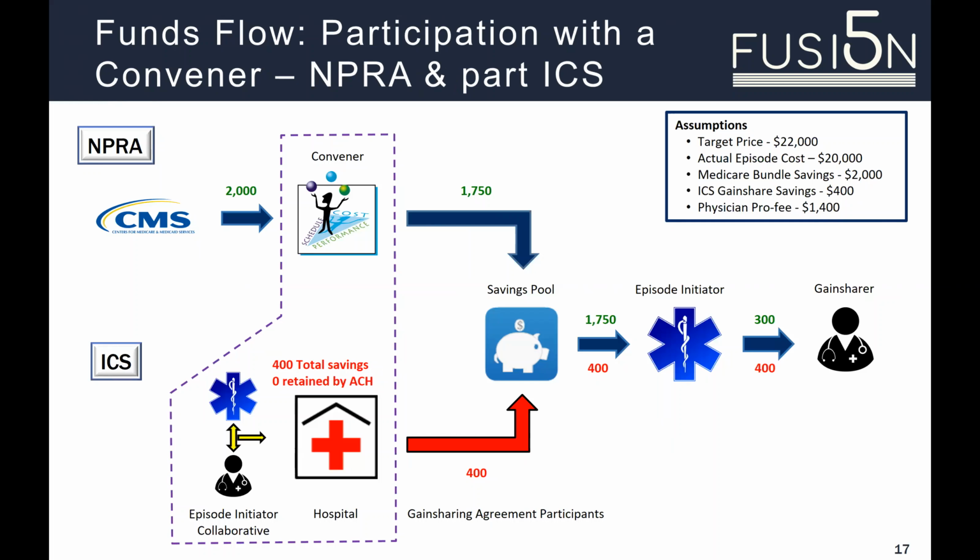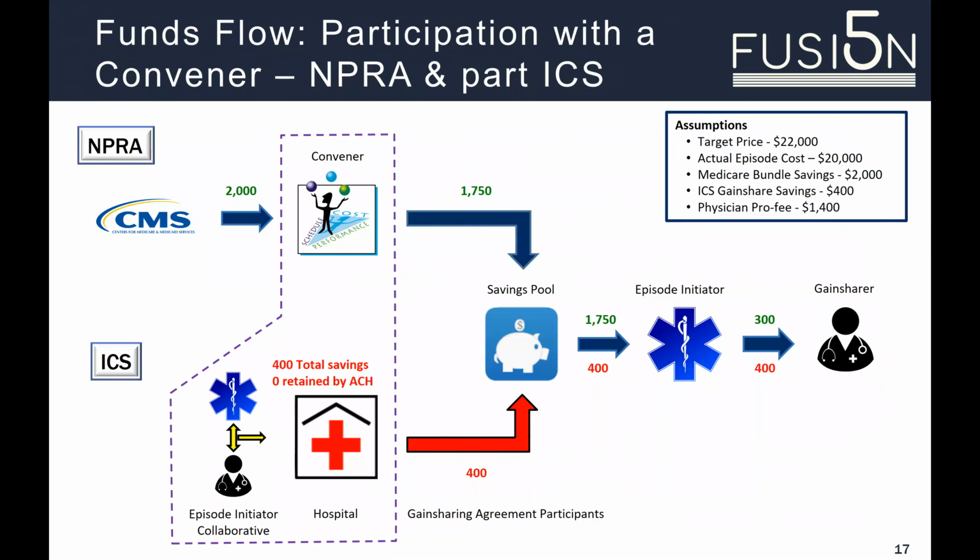Now let's quickly just get into an even better scenario. Let's talk about what if you had savings from NIPRA and savings from internal cost savings. In this case, we're saying, okay, let's go back to saying you saved $2,000. Now let's say that you had a $400 total savings on your internal cost sharing.